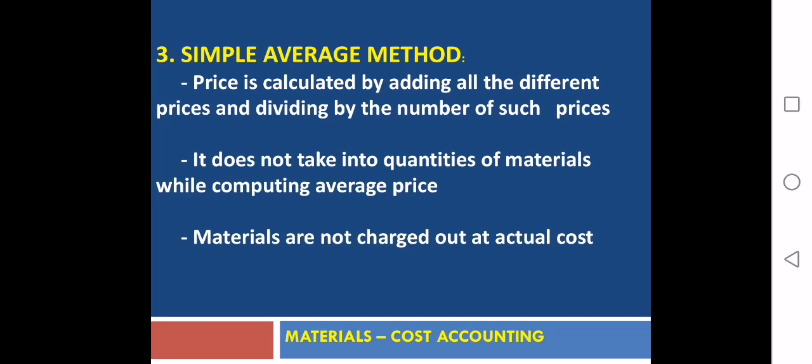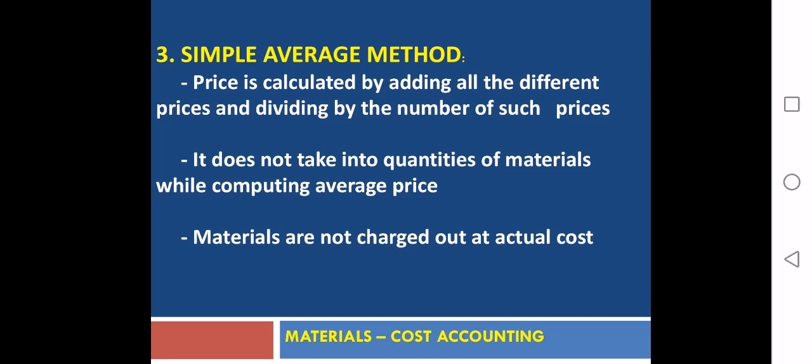So we have three different dates and three different prices. All the three prices are taken together and divided by the number of such prices, meaning three, to find out the average price. Or, to avoid confusion, let us take a simple example.